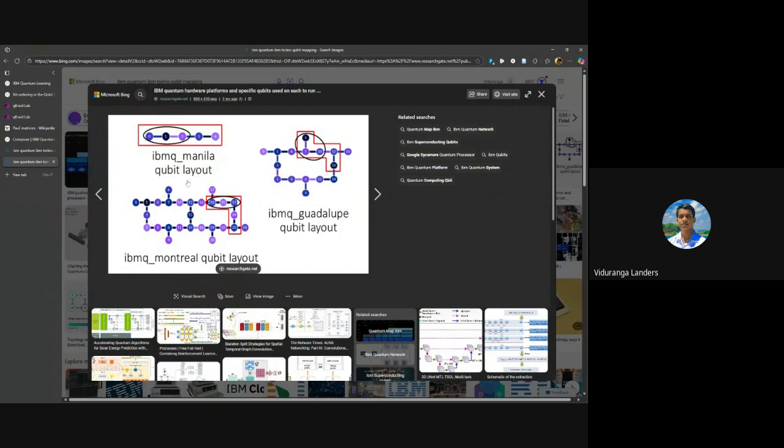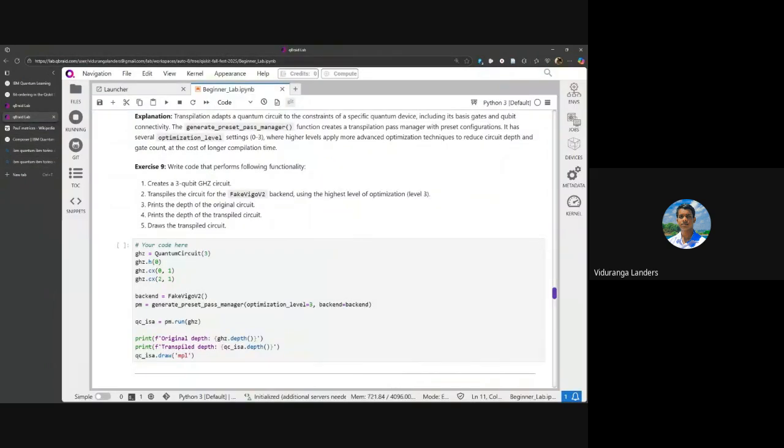So for those kind of things, Qiskit has developed this transpiler functionality where it knows all these parameters and how each of these qubits are connected.